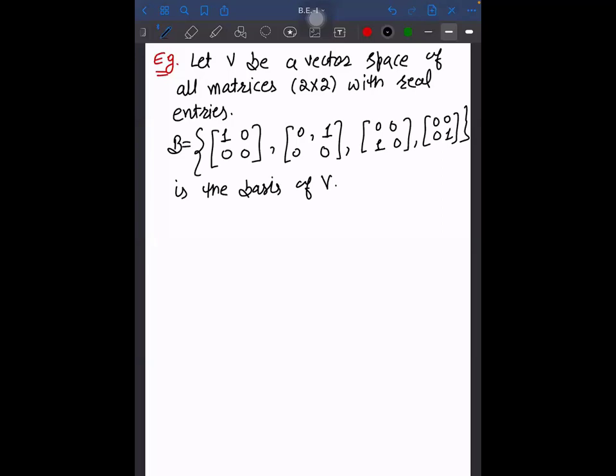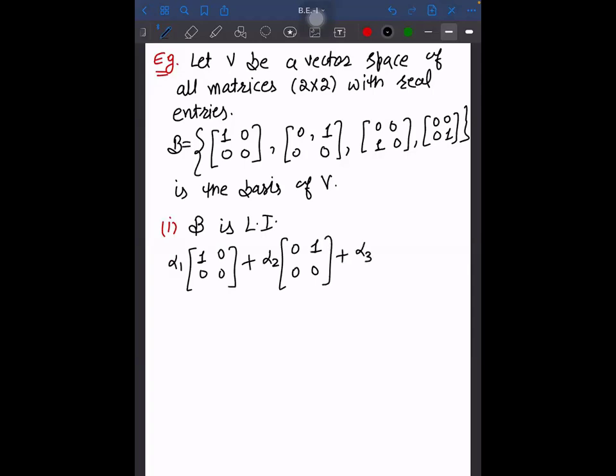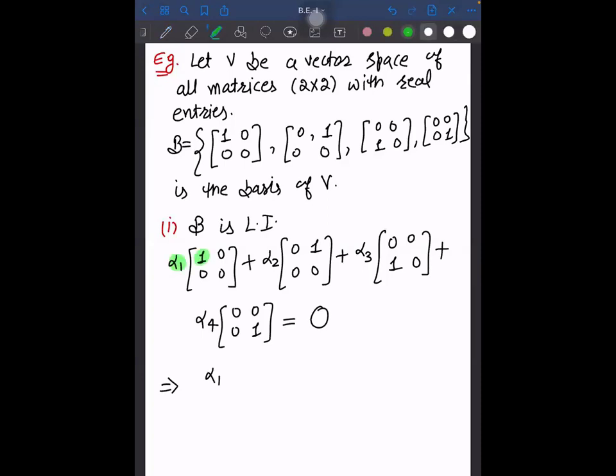Is it easy? So again, first of all, what should be proved? That B is LI. And for this, let alpha 1 times [1 0; 0 0], alpha 2 times [0 1; 0 0], alpha 3 times [0 0; 1 0], alpha 4 times [0 0; 0 1]. In the first entry, that is alpha 1, the rest of the entries are 0, right? So your first entry in this matrix will become alpha 1.